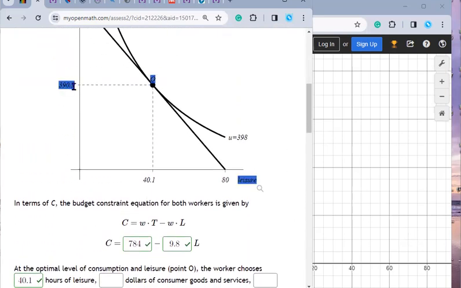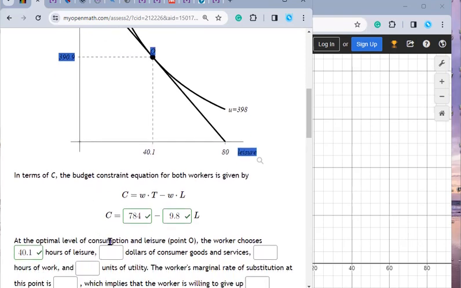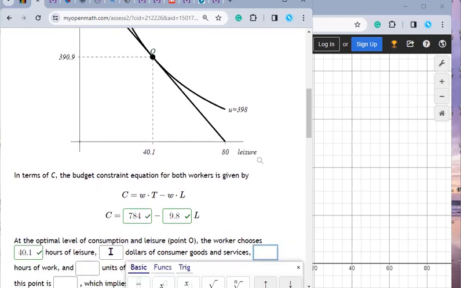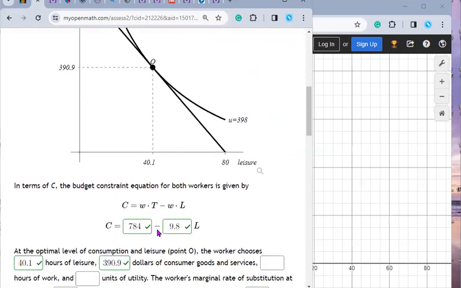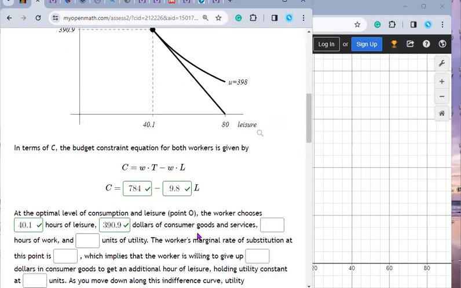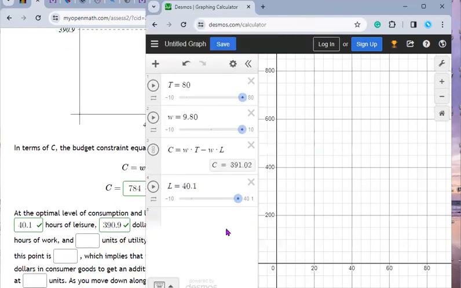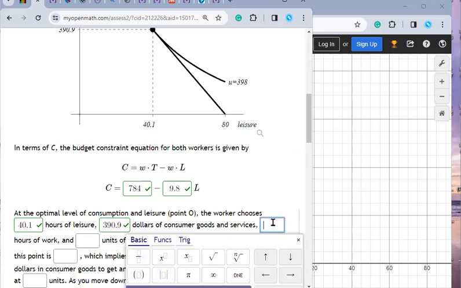We'll just use this value here, 390.9. So consumer goods and services are 390.9. Hours of work: H equals T minus L. T is 80, L is 40.1. Hours worked is 39.9, right?